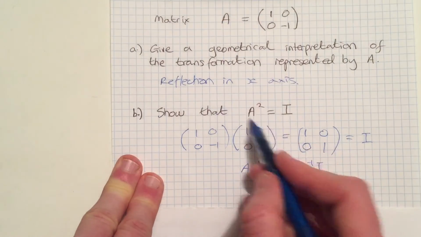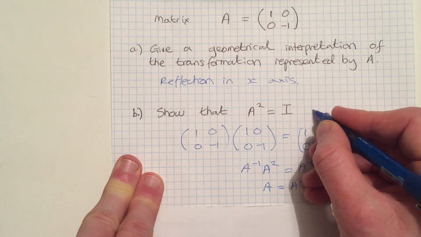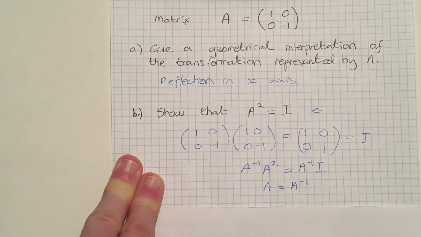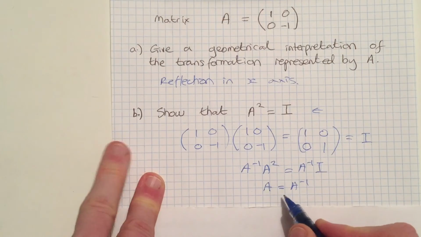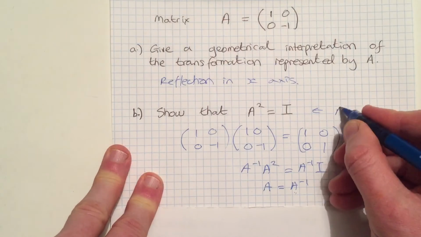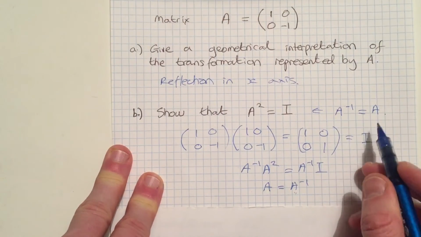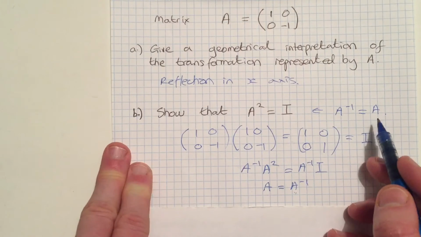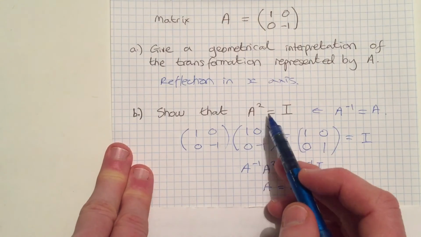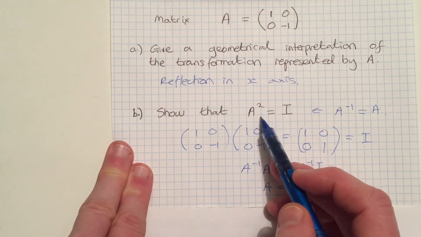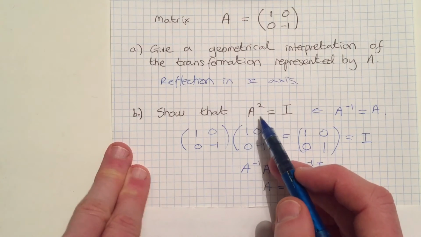So what this actually means is that the inverse matrix is the same as the original transformation matrix. That's what this is saying. The inverse is the same as the original matrix.